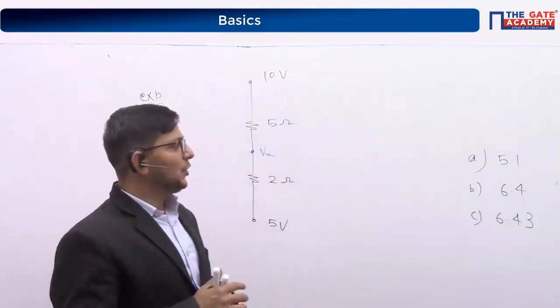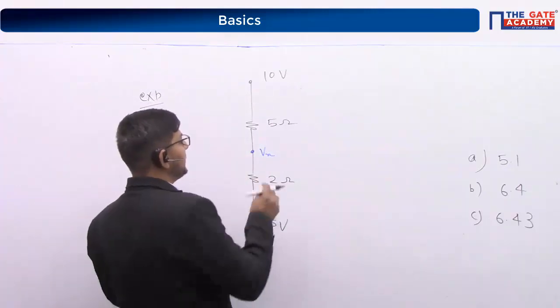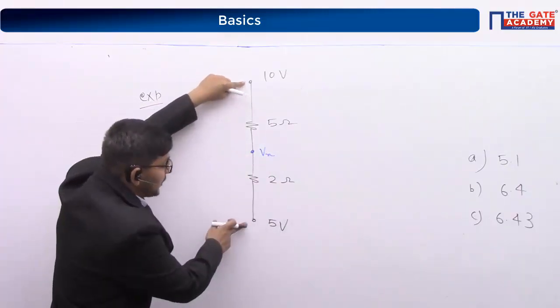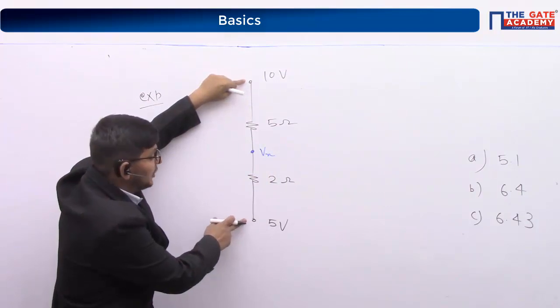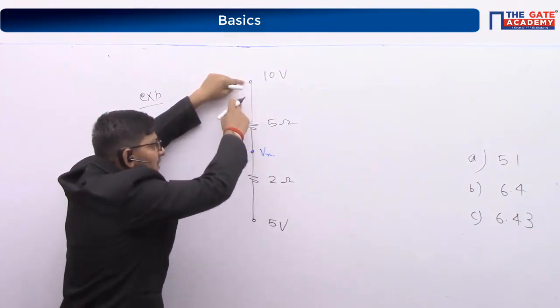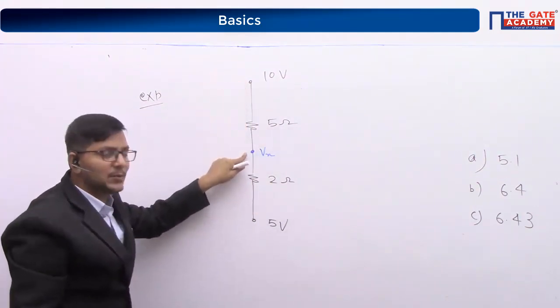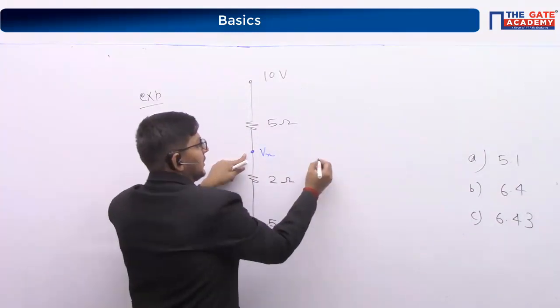Now let me check. I am going to apply the short trick. I already told you how to find the mid. If 2 resistors are in series and both terminal voltages are given and you have to find the midpoint voltage, you can apply the short trick. What is the short trick?